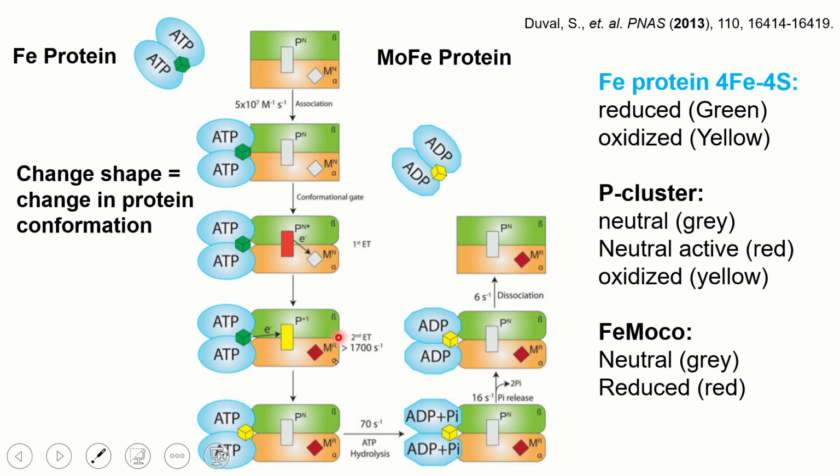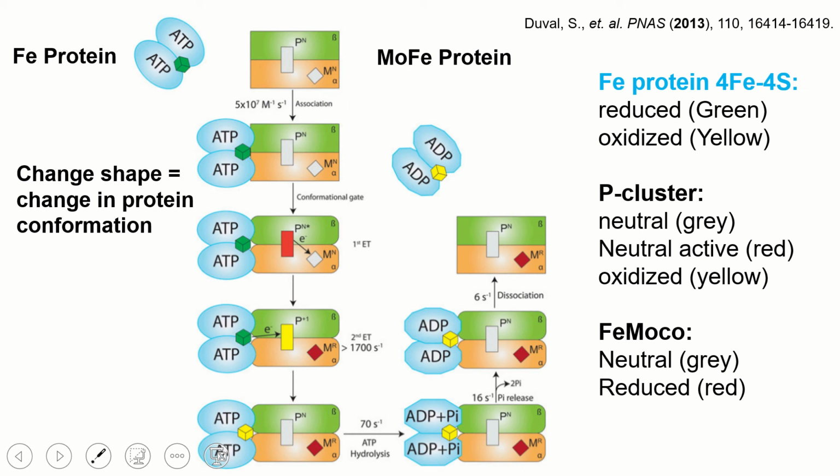That results in a reduced FeMoCo and a +1 oxidized P cluster. Now the +1 oxidized P cluster, shown here in yellow, is primed to accept the electron from the 4-iron 4-sulfur cluster of the iron protein.